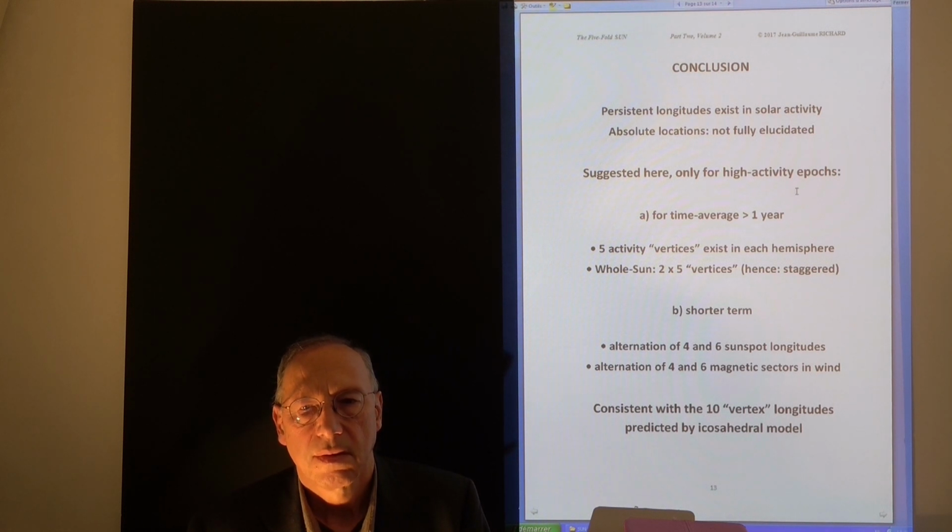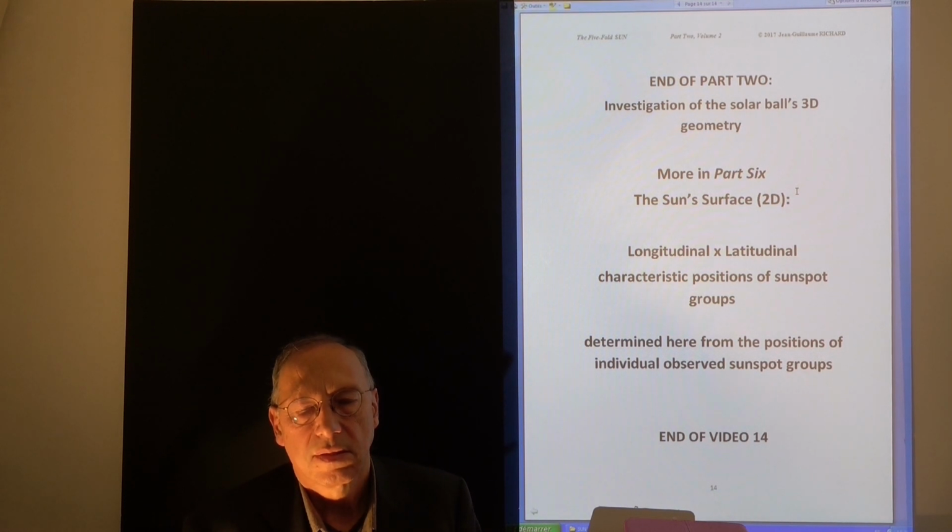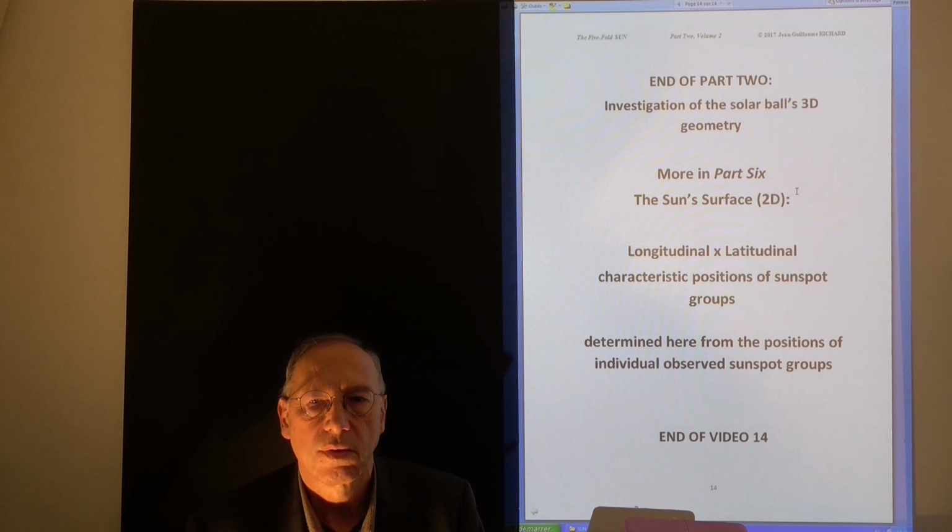This is now the end of the discussion of the findings of part 2 in the book, The Fivefold Sun. This part 2 dealt with the solar ball's three-dimensional geometry.